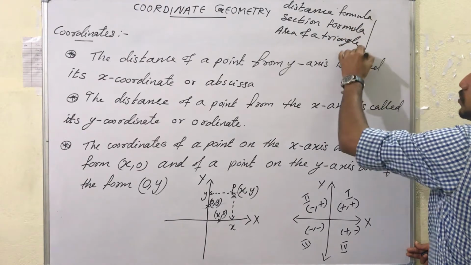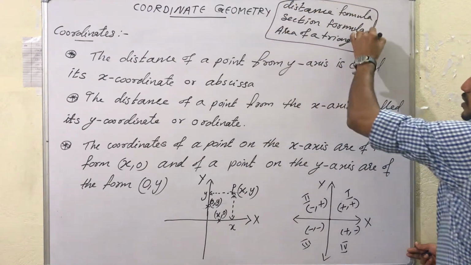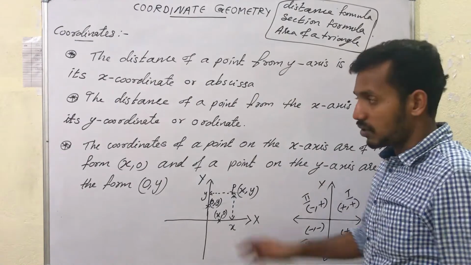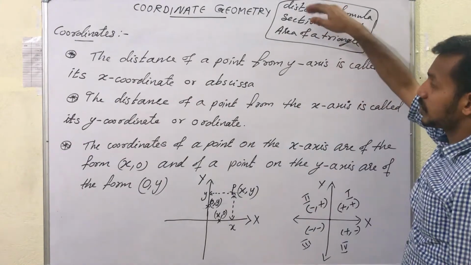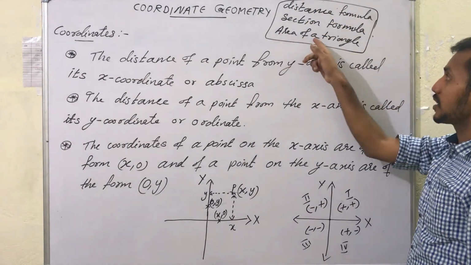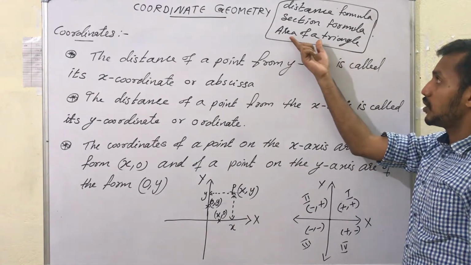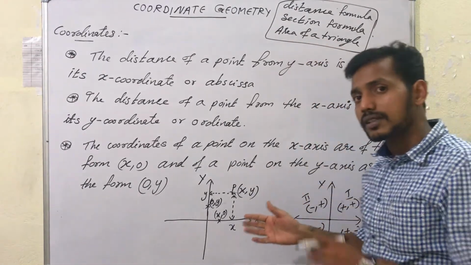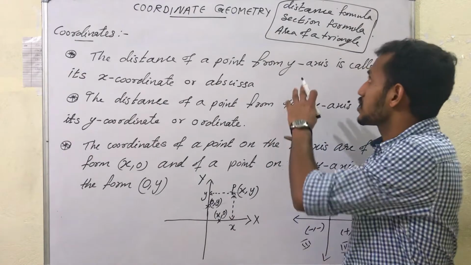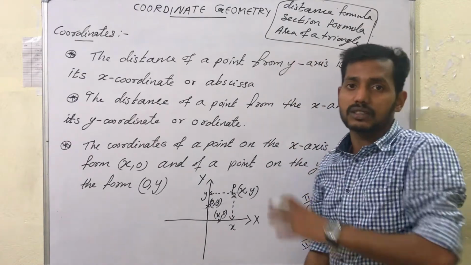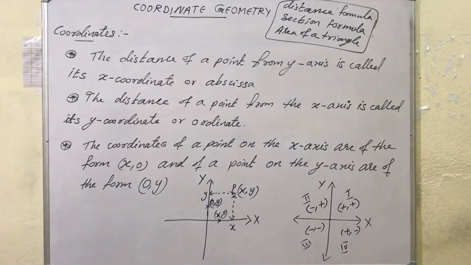These are the 3 formulas we are going to learn in this chapter with the help of these basic concepts. Out of these 3 topics, the area of a triangle formula is excluded from your syllabus for this academic year. But still I will discuss how to find the area by using this formula.